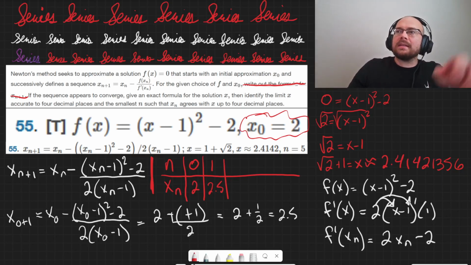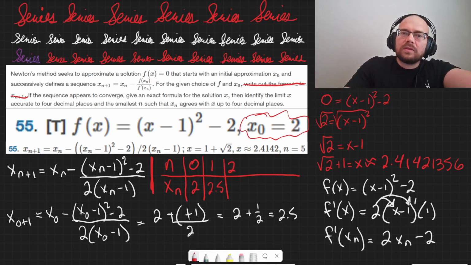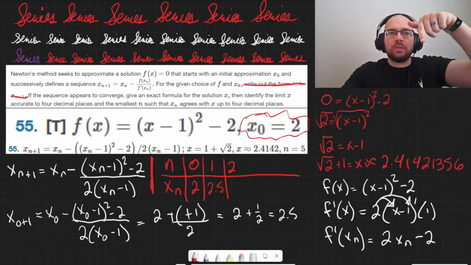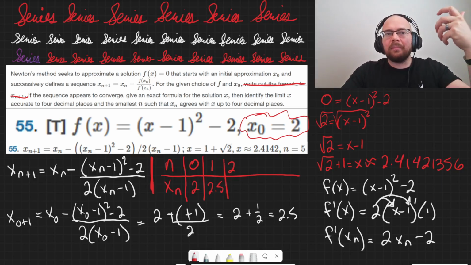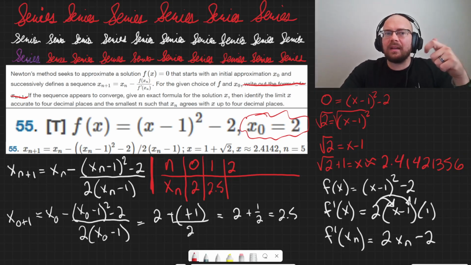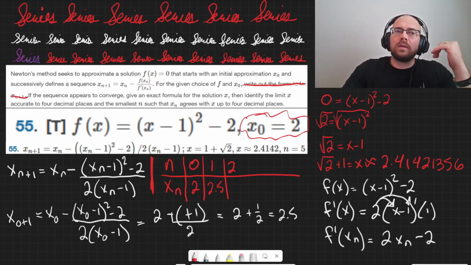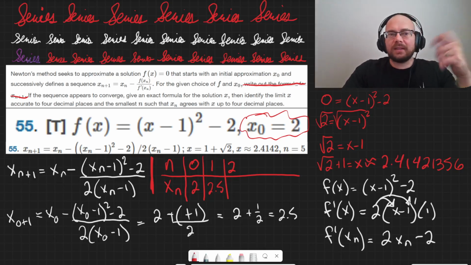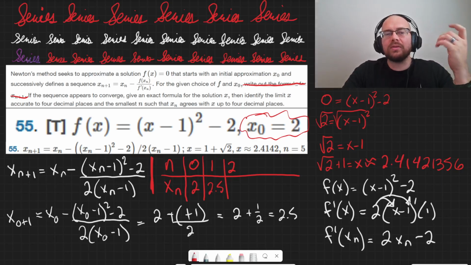So when I plug in f of 2.5, I'm plugging in 2.5 for x, which means I'm plugging in n equals 1. So n equals 1, so I'm finding out what x sub 1 plus 1 is, x sub 2, equal to x sub 1 minus x sub 1 minus 1 squared minus 2 over 2 times x sub 1 minus 1.